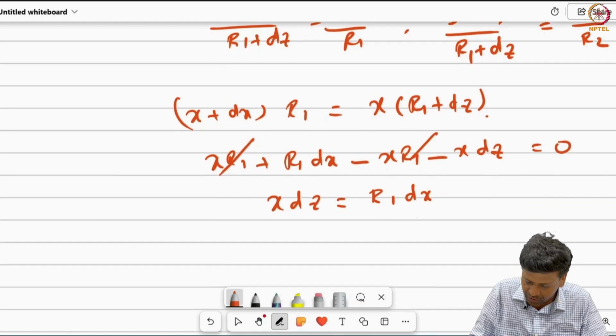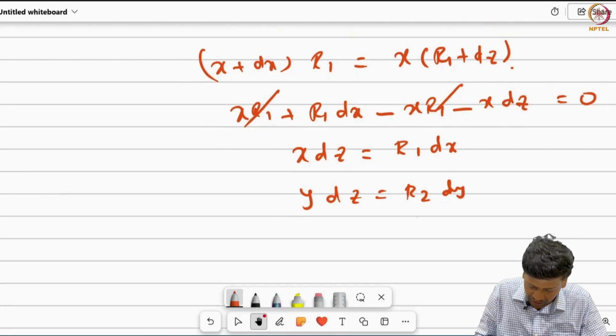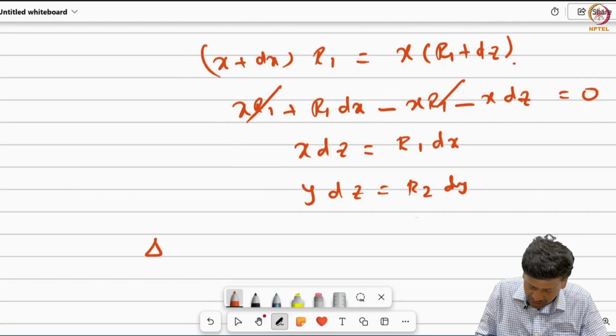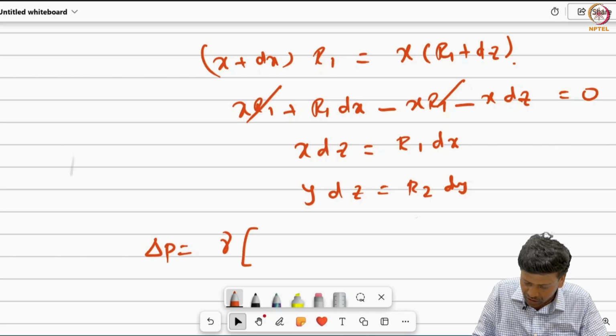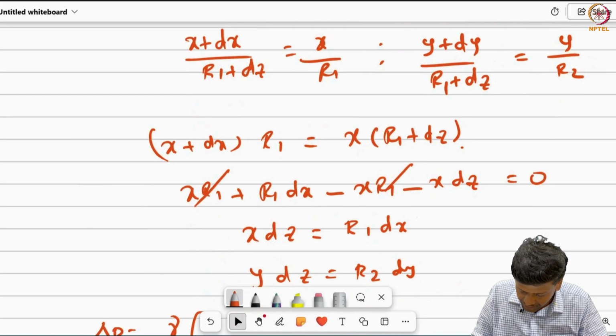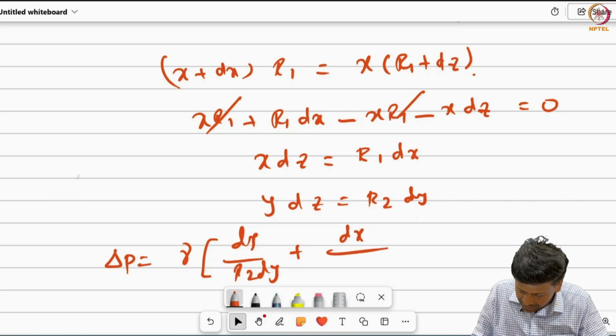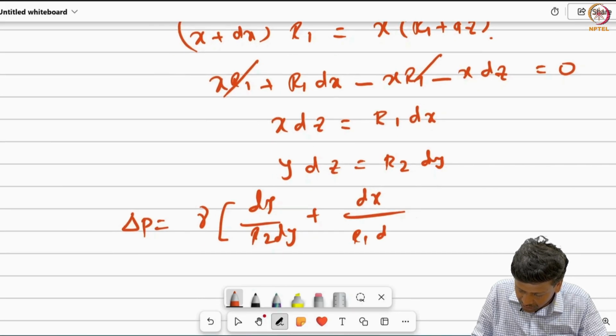Similarly, for the other case, you will get y dz is equal to R2 dy. So if I substitute back, I would get delta p is nothing but gamma into dy by y dz, which is R2 dy, plus dx by x dz, which is R1 dx.